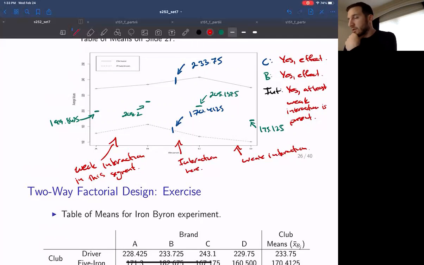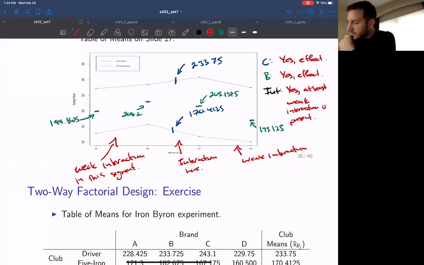So it's very difficult to say for certain if we can attribute the interaction to a particular treatment combination, or if we should just attribute the interaction effect to the fact that we're comparing a 5-iron and a driver, rather than say comparing 2 irons from a given set of clubs.